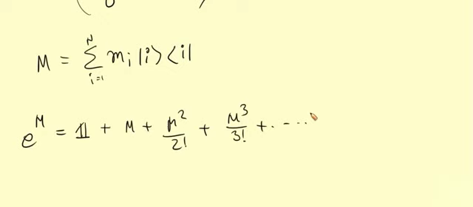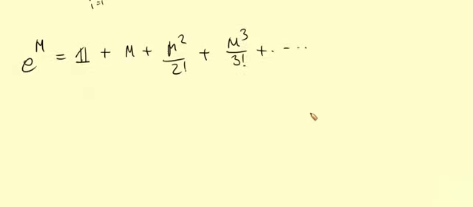But if you recall, the identity operator itself was built out of the basis vectors and something we call the completeness relation. So if you recall it, this was something like this.